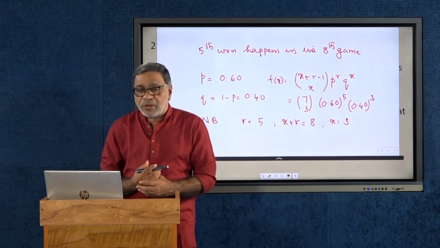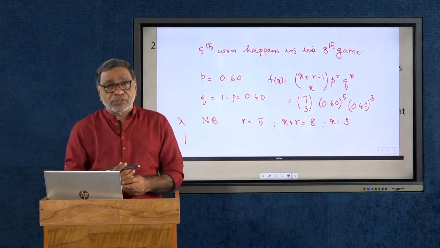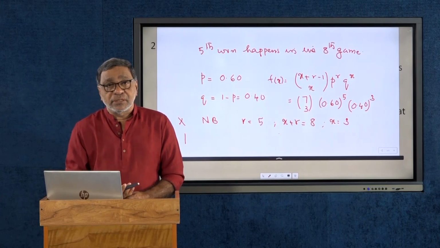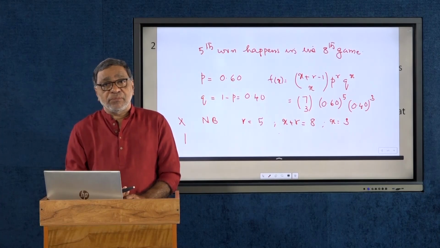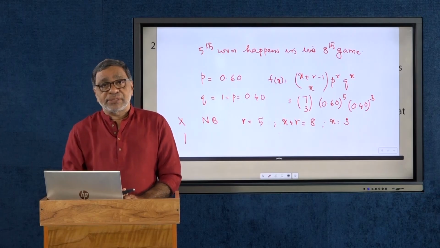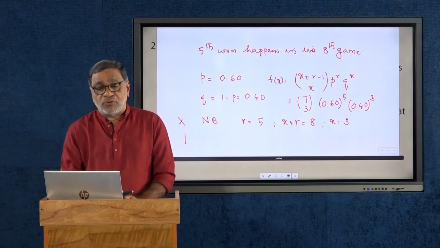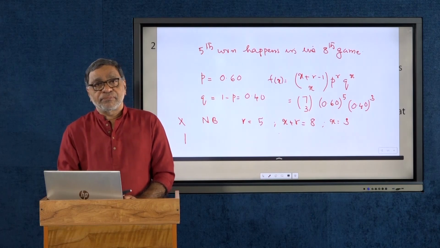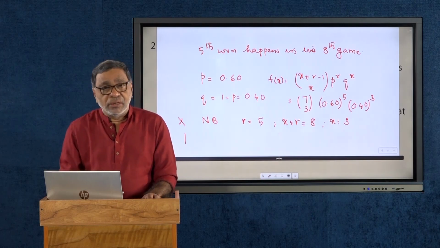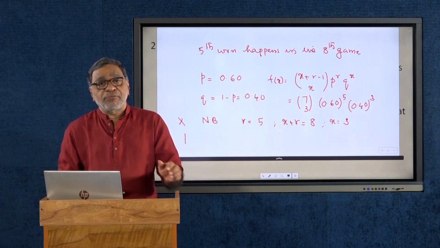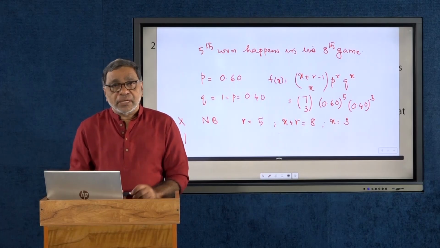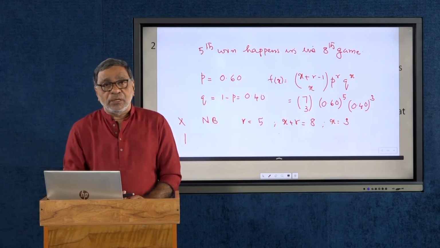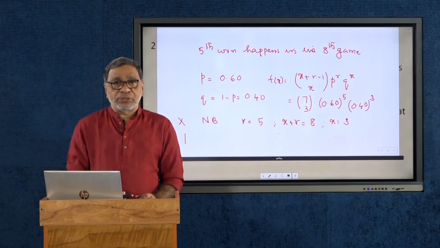So the probability that the fifth win happens in the eighth game is 7C3 (0.60)^5 (0.40)^3. So this is an example where we are applying the negative binomial probability model to calculate probabilities.